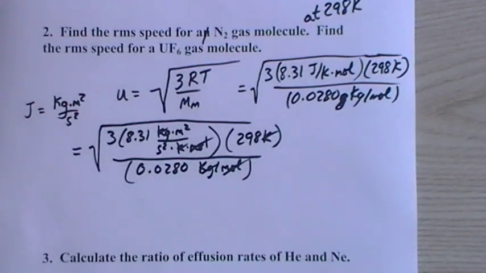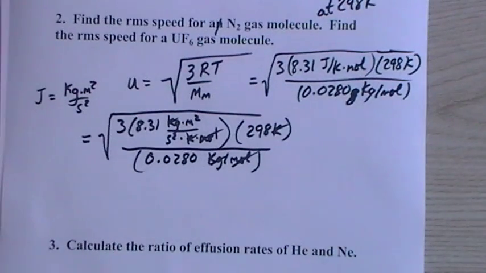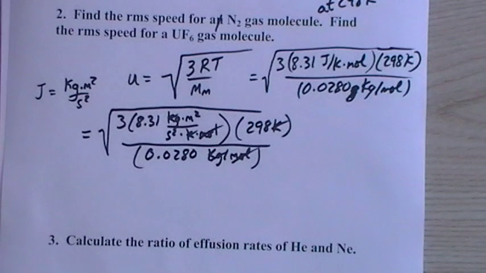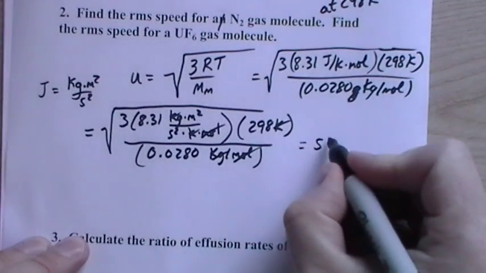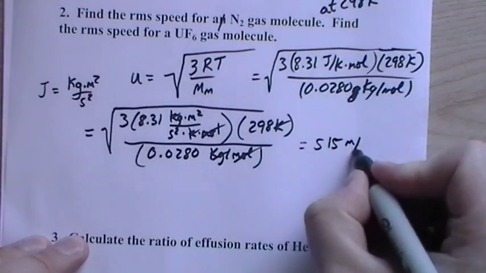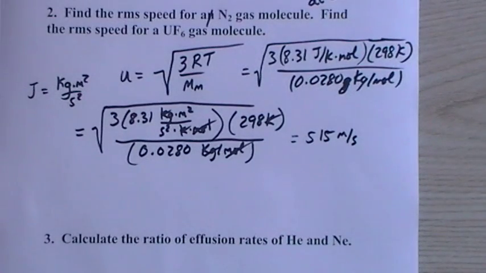And the square root gives us meters per second, and that's what we're after, that speed. So we do this out: 3 times 8.31 times 298 divided by 0.028, take the square root, and we end up with 515 meters per second at 298.